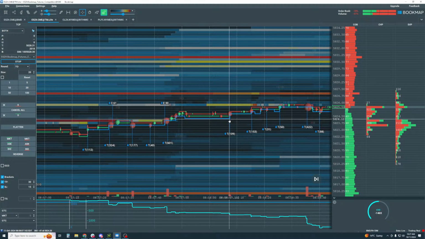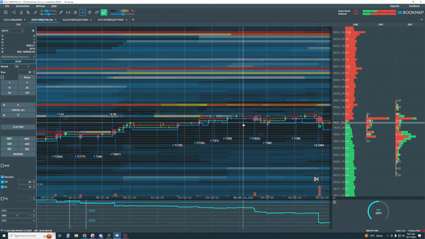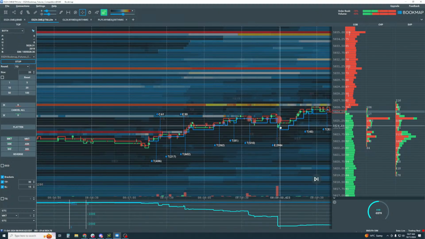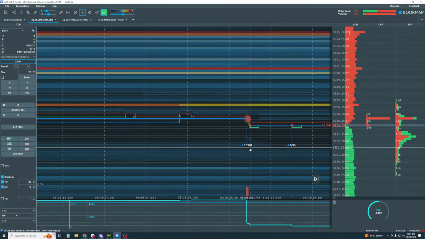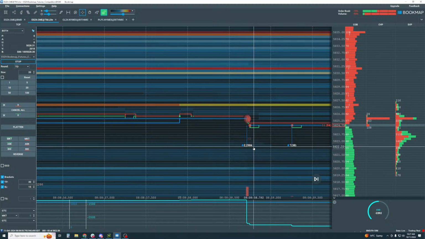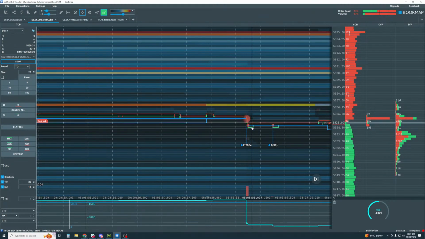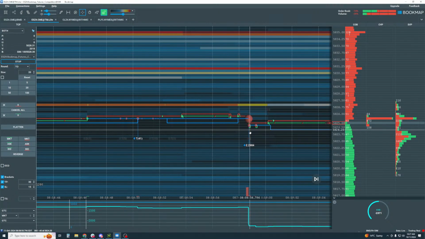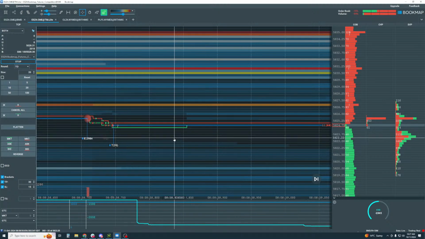It wants to be a buyer at higher levels. This is how they are getting their size on. And then this one here was fully executed for 2,984 contracts. Price went down a few ticks lower, and then another iceberg comes into the market right here.